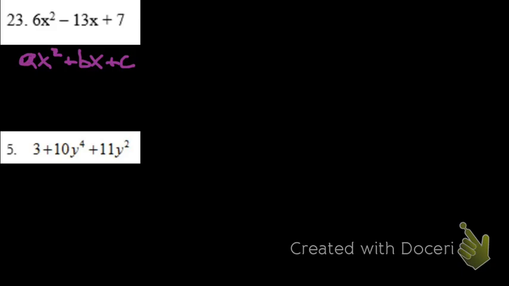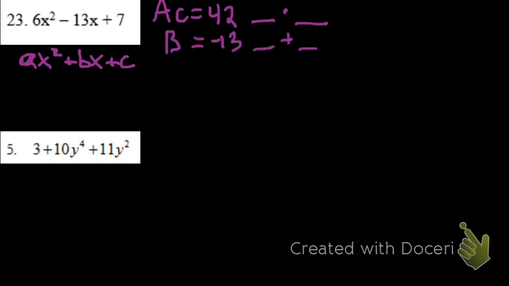Alright, so for the AC method, you look for two numbers that multiply to AC. So a times c would be 42, because 6 times 7 is 42. So two numbers that multiply to AC and add to b. And if you have trouble seeing it right away, just start writing all the numbers that multiply to 42, but that would still add to negative 13.